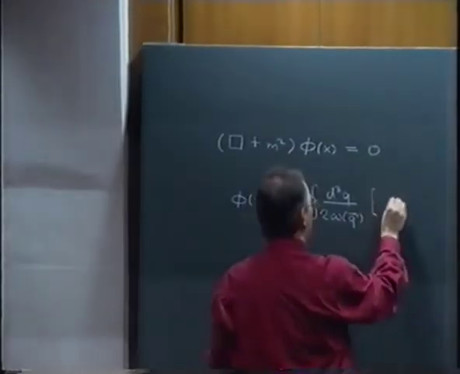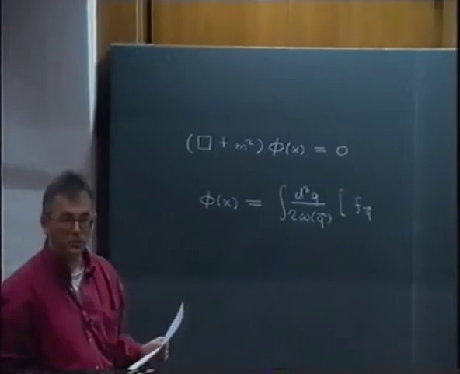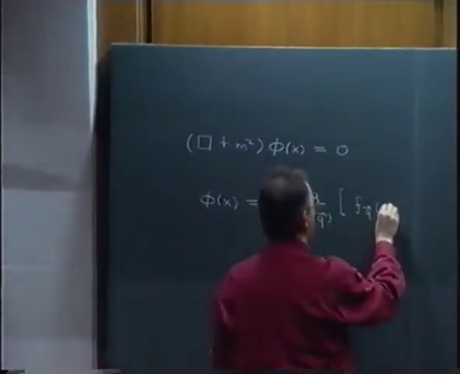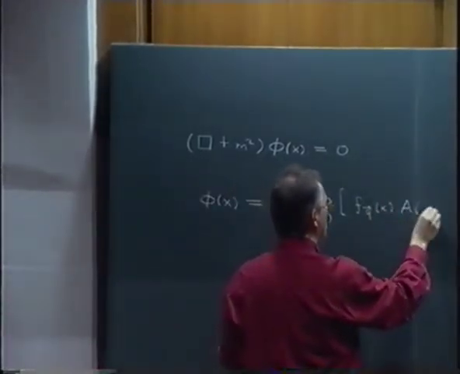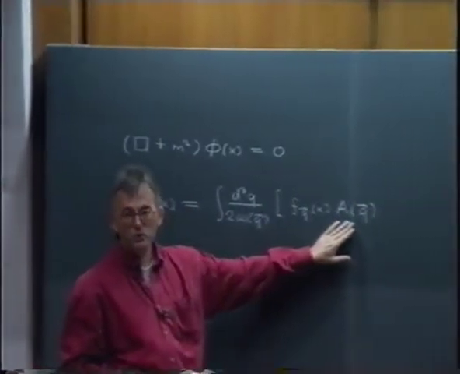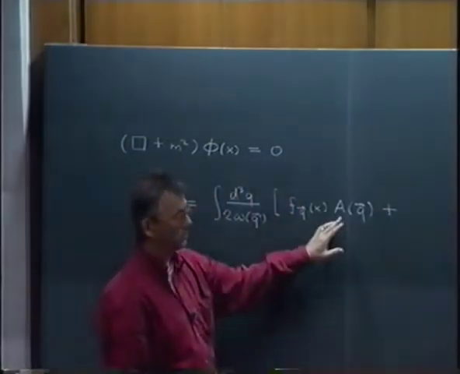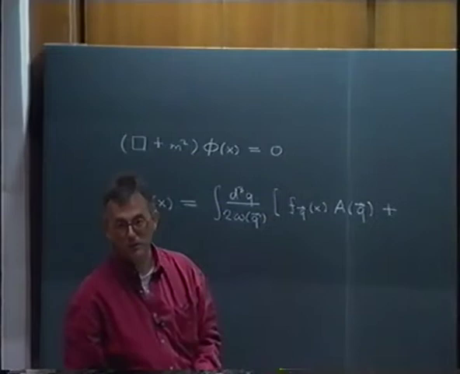And then here we have the plane wave solutions labeled by 3-dimensional momenta. And then here we have, in the classical theory, Fourier amplitudes, which later on in the quantum theory become creation and annihilation operators for particles.